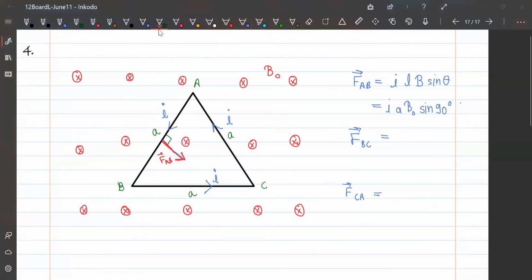Mehul, tell me the answer. Sir, they're all towards the center, and I got 3IAB naught. These are vector forces, so I'll write the values as IAB naught sine 90 only, and 3 vectors which are towards each other. So they will cancel out each other.